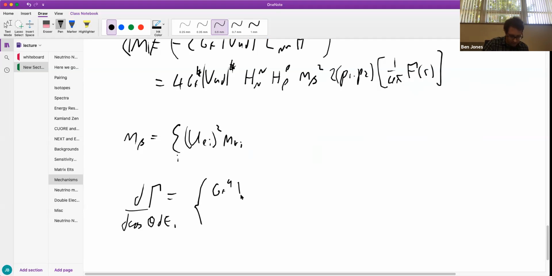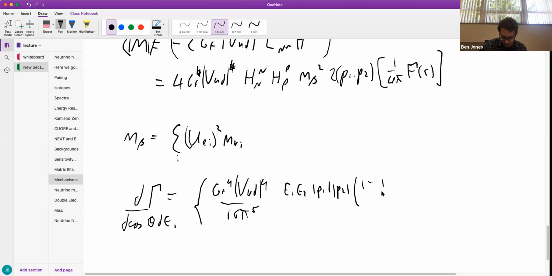G Fermi to the 4, V_ud to the 4 over 16 pi to the 5, E1, E2, mod P1, mod P2. E1 and E2 and P1 and P2 refer to the 2 electrons. P1, P2 over E1, E2. So I'm going to close that curly bracket.